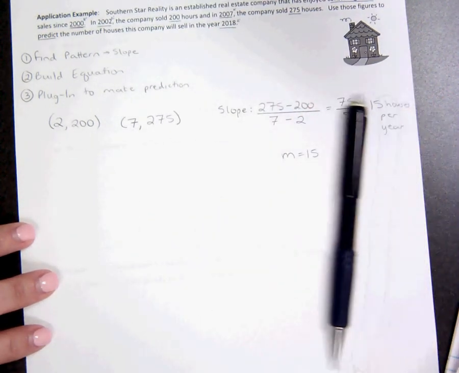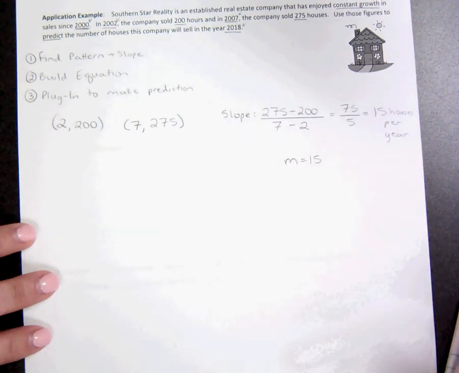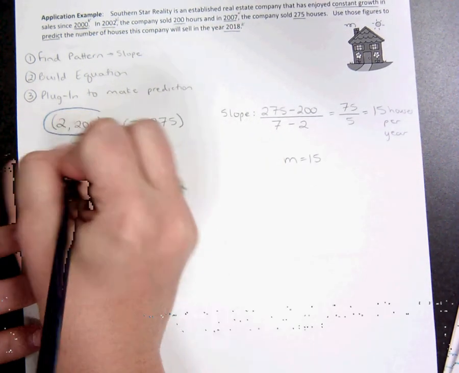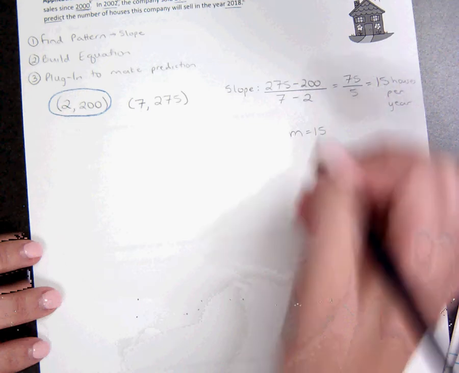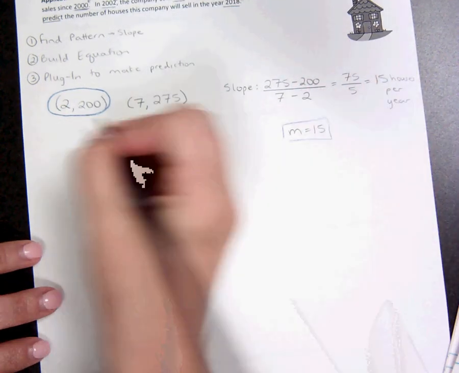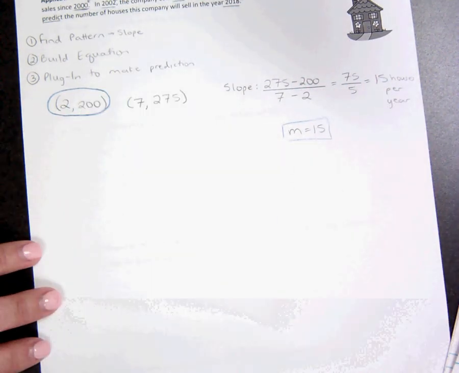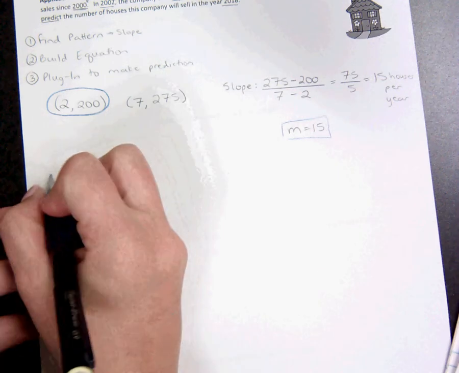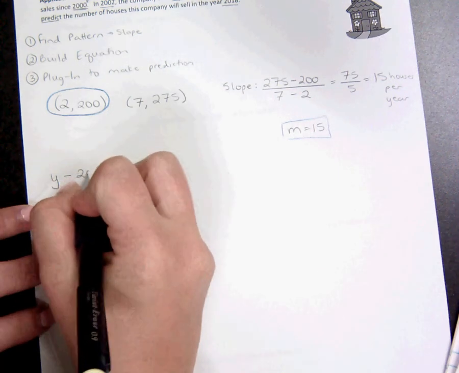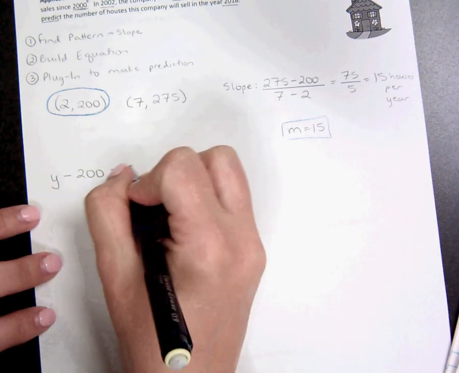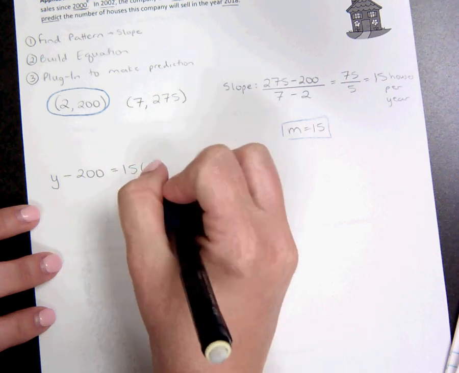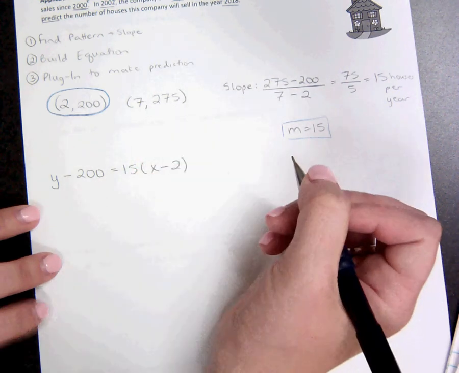From there, we want to pick one of the 2 points in time, whichever one you like. I like even numbers, so I'm going to go with this one. And we're going to use our slope and our point to build point-slope form. So we have y minus 200 equals 15 times x minus 2.